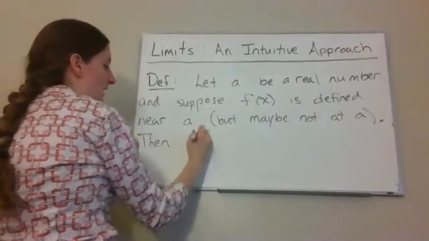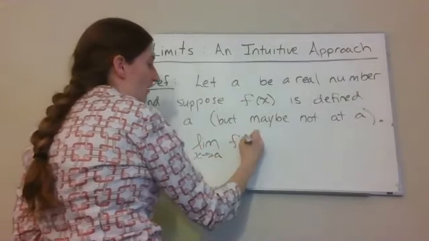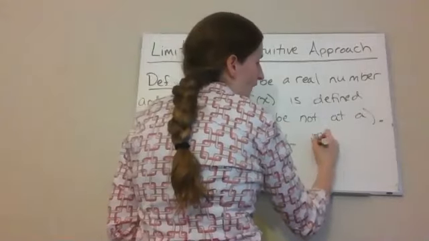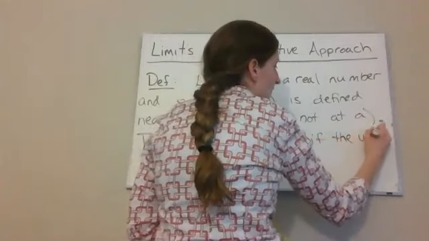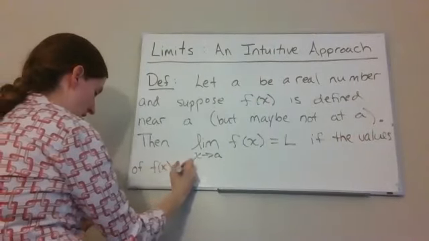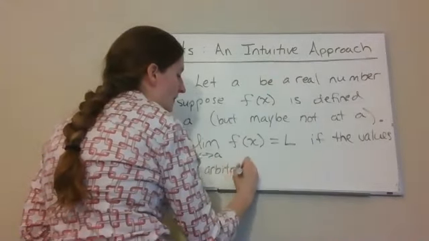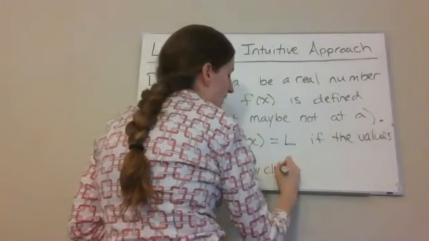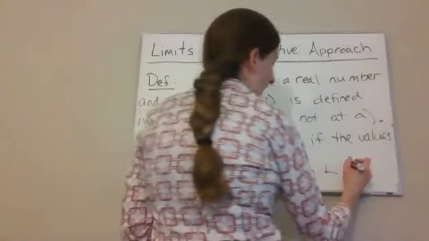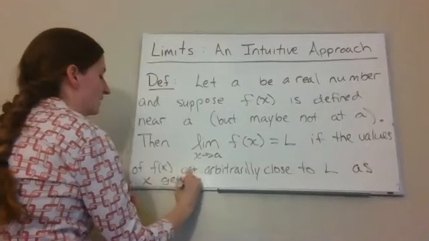Then we write that the limit as x approaches A of f of x equals L if the values of f of x get arbitrarily close to L as x gets sufficiently close to A.